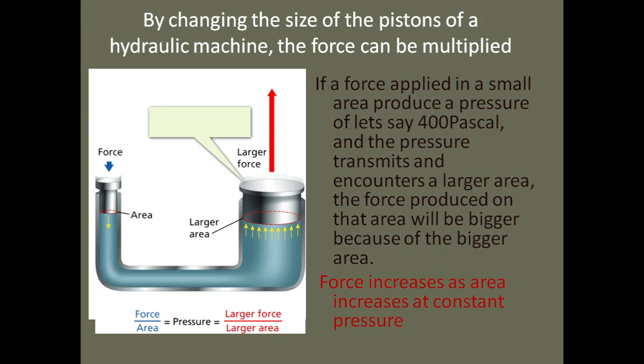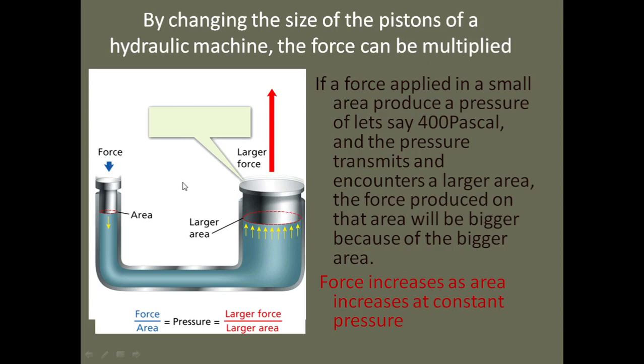Now how do they work? How do they operate? By changing the size of the pistons of a hydraulic machine, the force can be multiplied. It's a simple design. Look at this. When you change the size of one of the pistons, whatever force you apply here can be multiplied here.